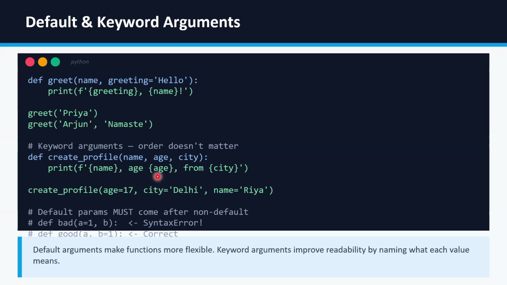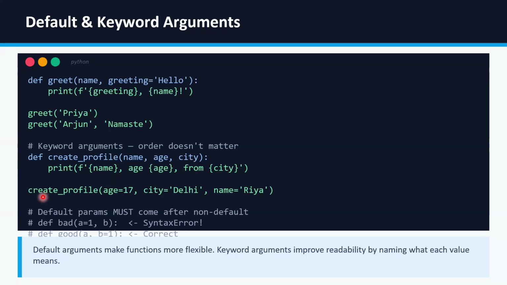Next, define create profile. This is another program. Define create profile, name, age, city. Changing the order, in that case also it will pick up the right thing. So create profile, name, age, city, and print name, age, from which city.